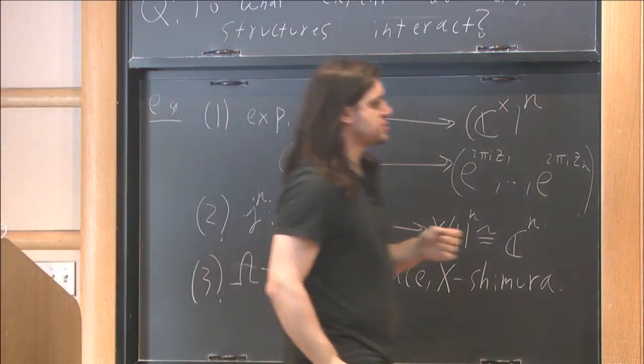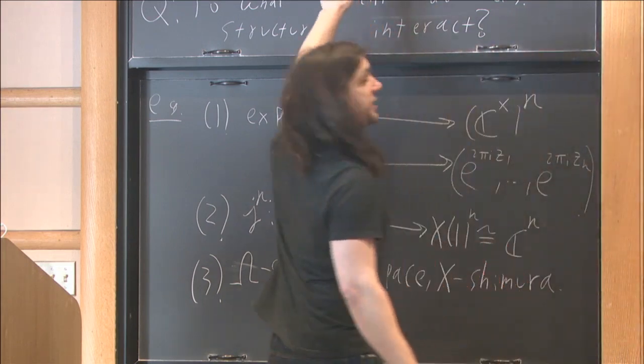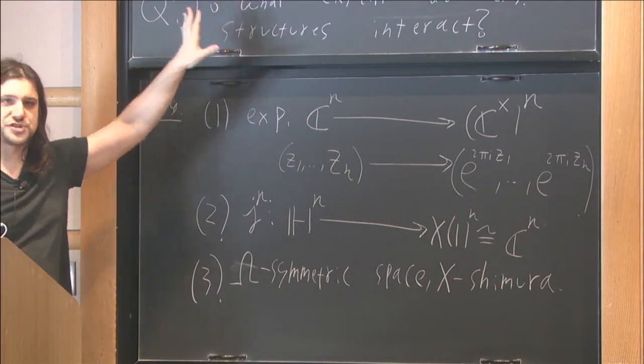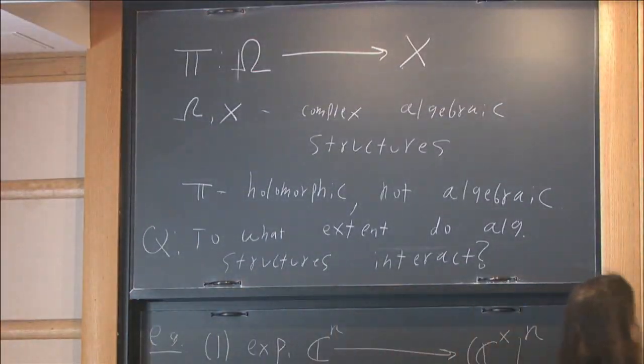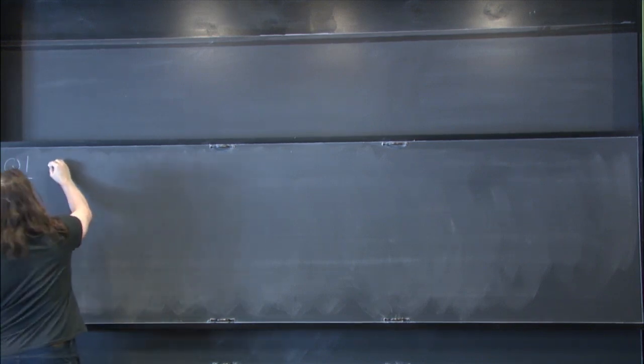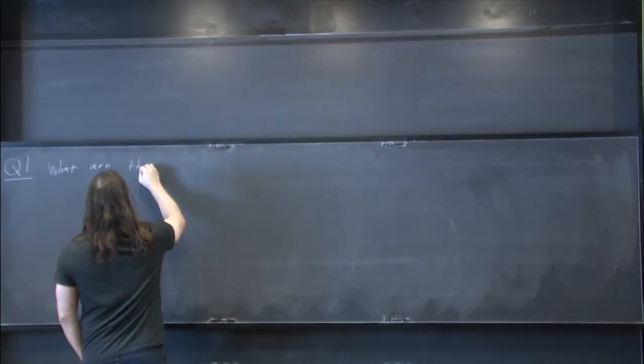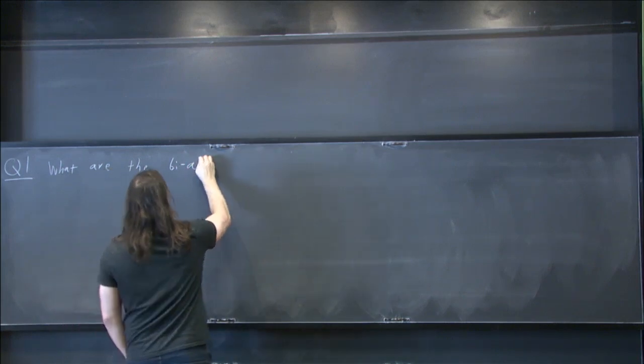So what do we mean by to what extent do these algebraic structures interact, how to make that precise? There are many different questions you can ask, but there are three natural gradations of information you could ask for. The first is, what are the bialgebraic sets?